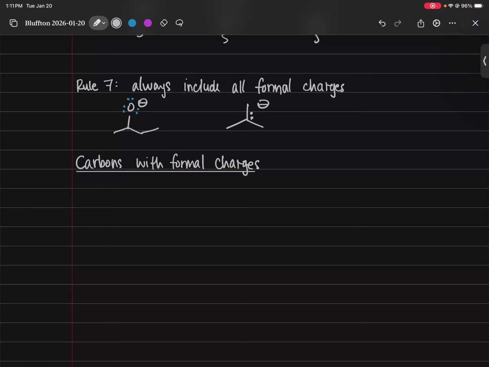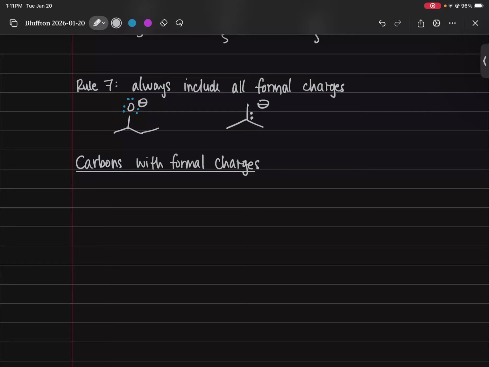So heteroatoms with formal charges are comparatively easier because you have to draw out the heteroatom, and more importantly, you have to draw out any hydrogens attached to the heteroatom. So that oxygen up there, we don't have a hydrogen drawn to it, and so we know for a fact that there's no hydrogen attached to it. But with carbon, we usually don't draw out the hydrogens. And so now I've just gotten you into the practice of carbon always has to have 4 bonds.